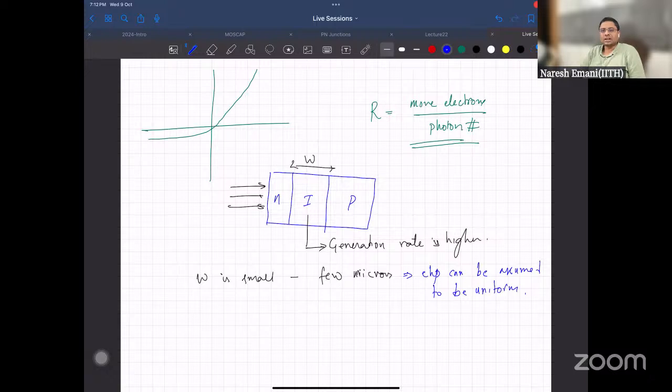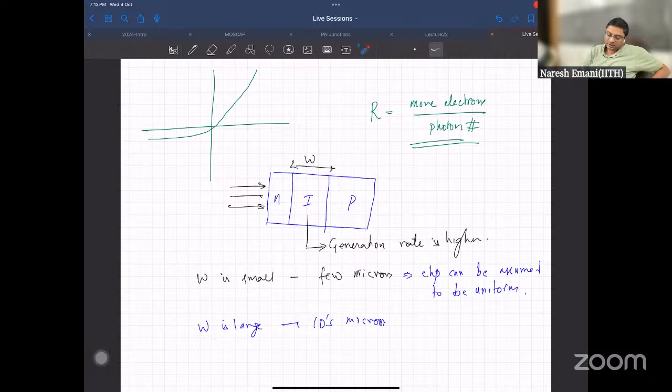When you have this field, there's a certain current that flows, and the carriers will be swept away to both sides. The holes and the electrons will separate. Now, when W is large, let's assume tens of microns, there's going to be non-uniform generation.